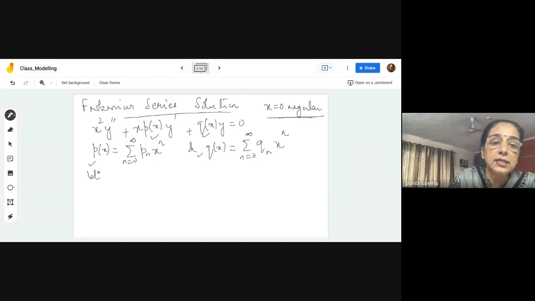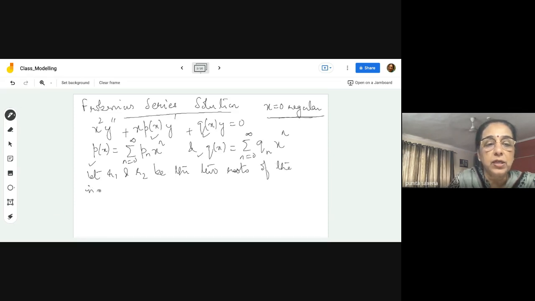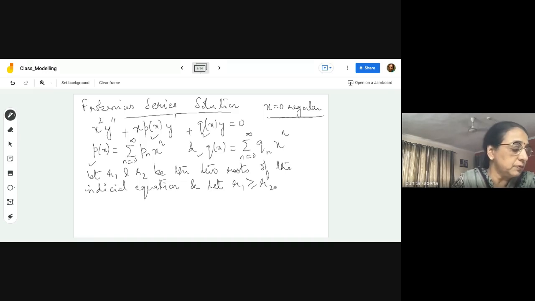Now I say let r1 and r2 be the two roots of the indicial equation. If there are two roots, obviously one has to be greater than the other, so I assume that r1 is greater than or equal to r2.